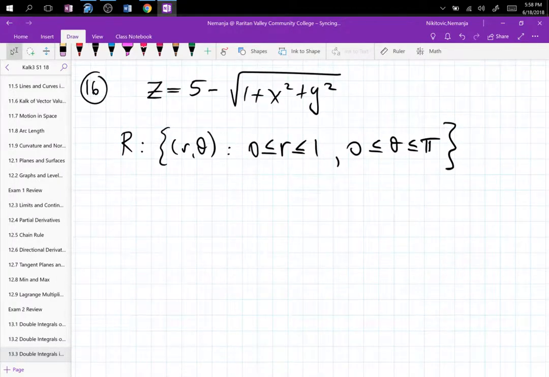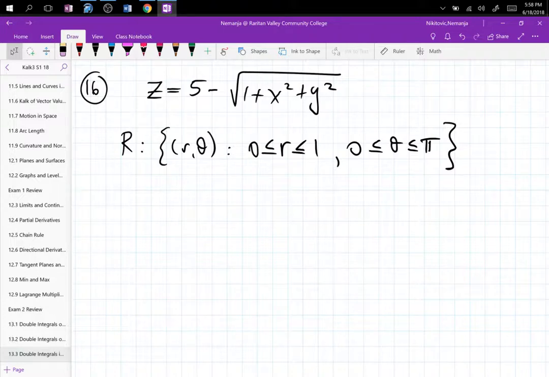Can anyone describe this domain to me? What is this? A half circle. Half circle is great. Now, half what circle? Half a sphere. No, it's not half a sphere. It's a circle. That's 2D.